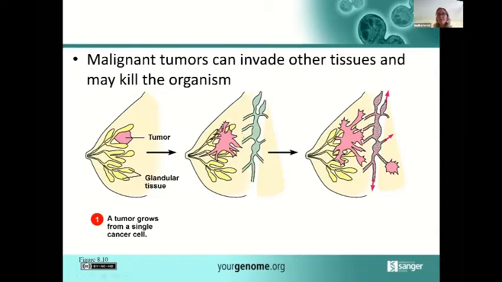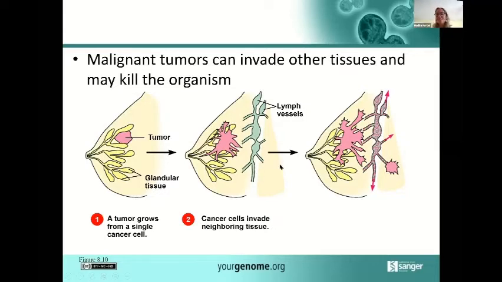If you don't find it early, you can see the tumor will start to grow and that they're starting to invade other tissues. At the moment, it's still only breast tissue, but it's just getting bigger. And then here you've got lymph vessels. So these are part of your lymphatic system, which is part of your immune system.